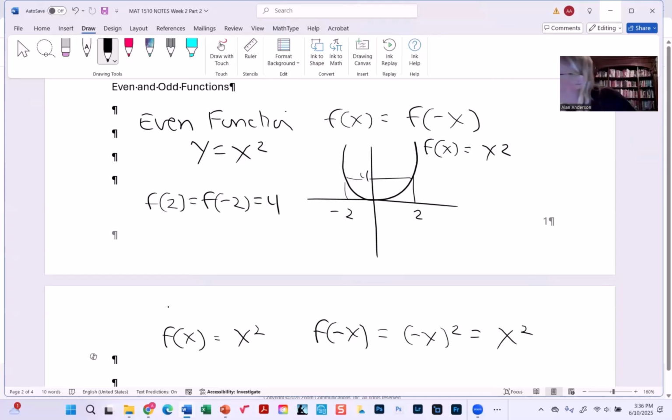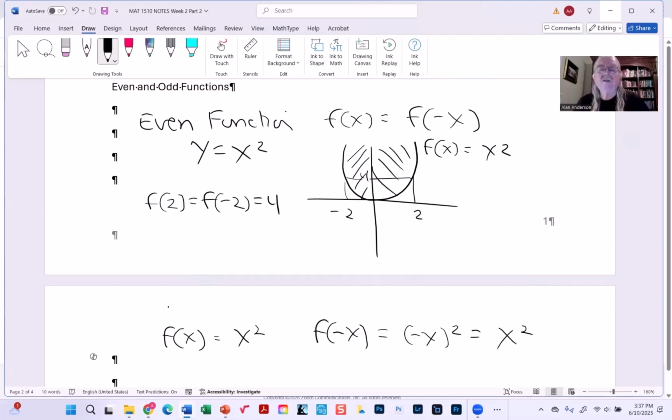In other words, although I didn't draw this very well, the left and the right-hand side with respect to the vertical axis will be mirror images of each other with an even function. Also, even functions are going to have a degree which is even, meaning that it could be squared, 4th power, 6th power, whatever. If you had something like y equals x cubed, it's not going to be an even function because the degree is not even.